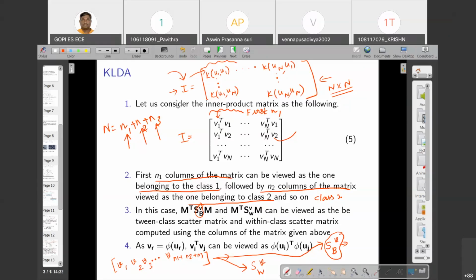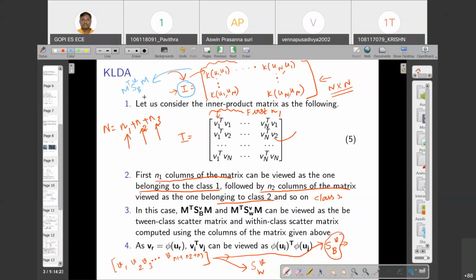Got it? Now, using PCA, we understand that we can find the eigenvector by computing M transpose SBVM. We need not actually compute this M transpose SBVM. Instead, we compute this matrix I here, and directly, if I find the between class scatter matrix using these column vectors, we can get a value for M transpose SBVM.